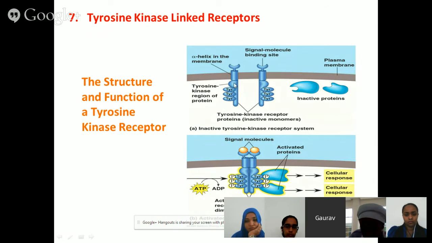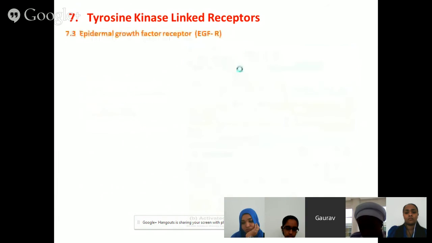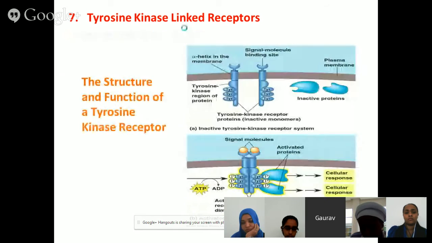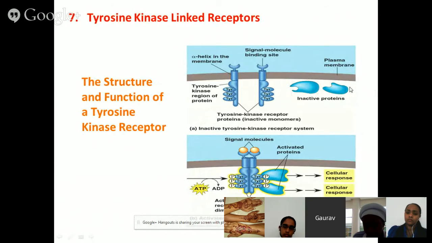Each monomer has three tyrosine kinase regions of protein, an alpha helix in the membrane, and a binding site for a ligand or messenger. Along with this, near the cell membrane, you can see inactive proteins also.